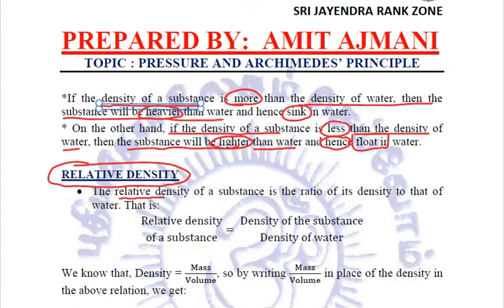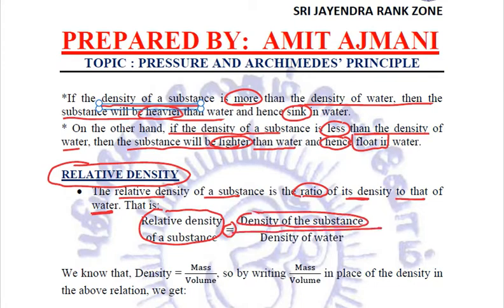The relative density of a substance is the ratio of its density to the density of water. So we can say that the relative density of a substance is equal to the density of the substance divided by the density of water.